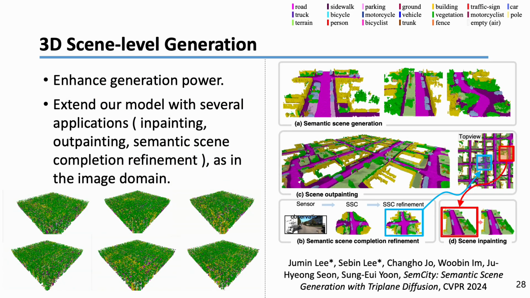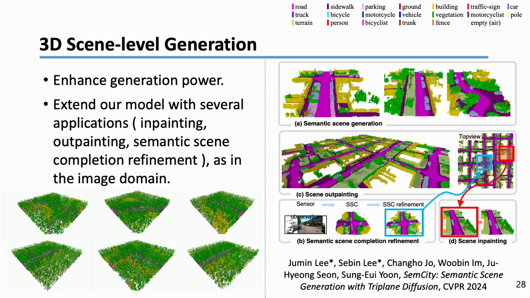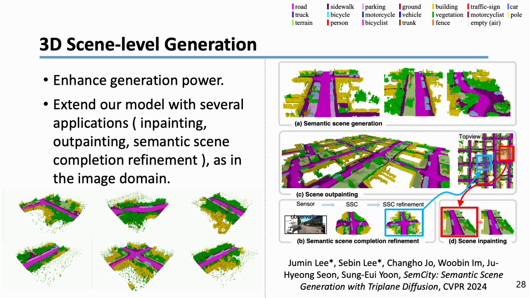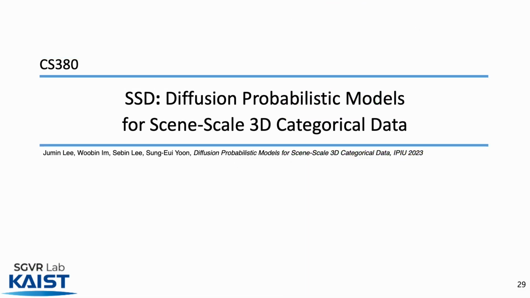In the second paper, we enhance the generation performance and conduct experiments on real data as well as synthetic data. We also extend our model with several applications such as in-painting and out-painting as in image diffusion. Our first paper is named SSD, Diffusion Probabilistic Model for Scene-Scale 3D Categorical Data.